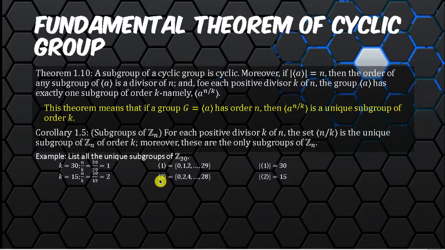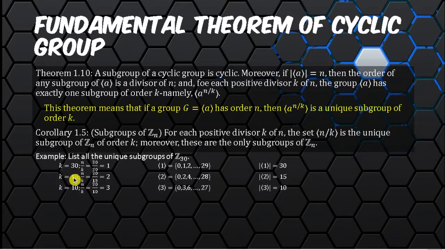The subgroup generated by 2 under addition modulo 30 is the set 0, 2, 4, up to 28. These are the even numbers. And the order, by the way, is 15, because according to the corollary, k is the order. Whatever k is, a number that divides n, that is already the order.